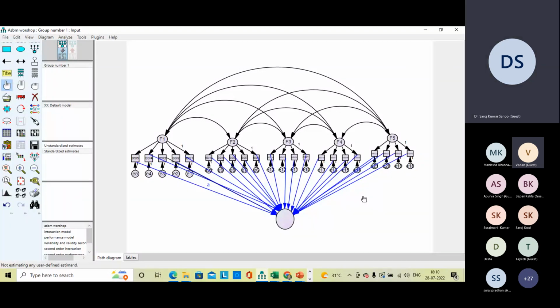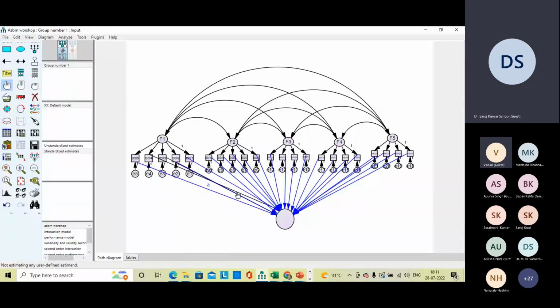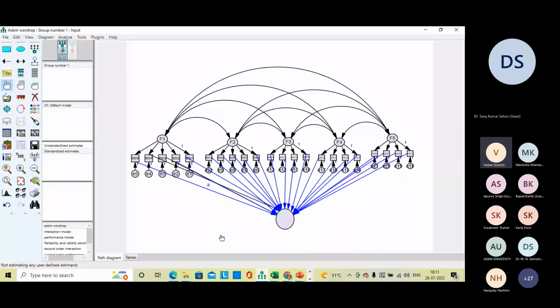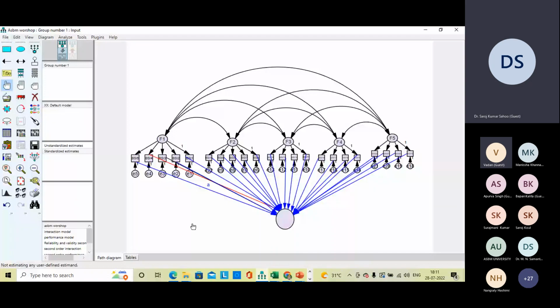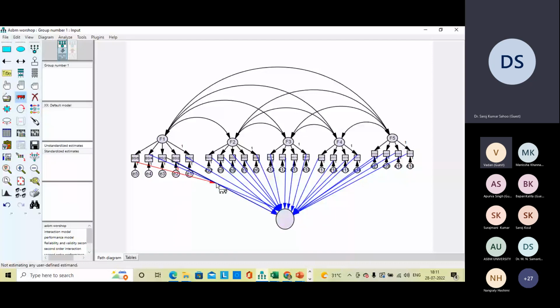Now what you need to do, take from here and drop anywhere. So I need to uncheck it. I need to take the drop.